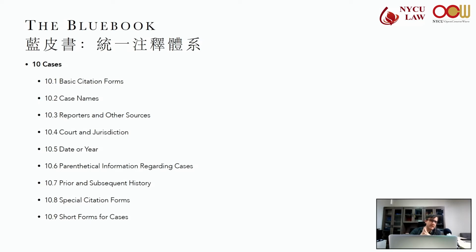So section B, procedural phrases. We abbreviate terms like "in the relation of," "for the use of," "on behalf of," "as next friend of," and things that are similar to that, to "ex rel." in italics.